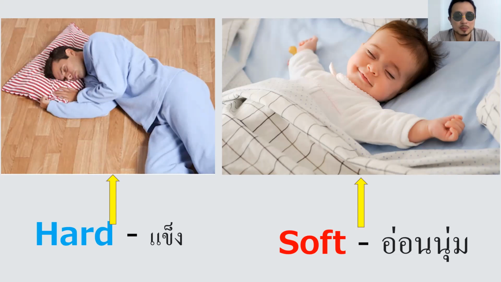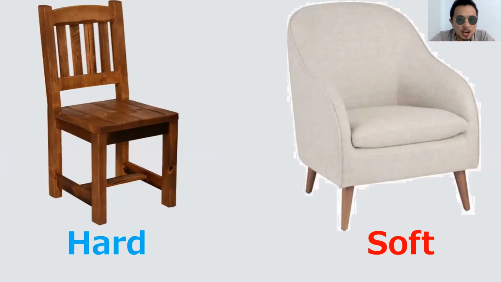You're always comfortable if you sleep on a soft object. Next, we have the hard chair and soft sofa. Both of them are chairs, but the difference between the two is that one is hard and the other one is soft.